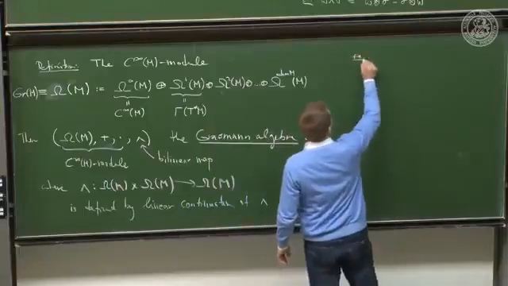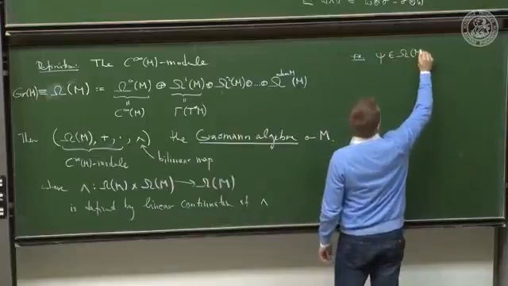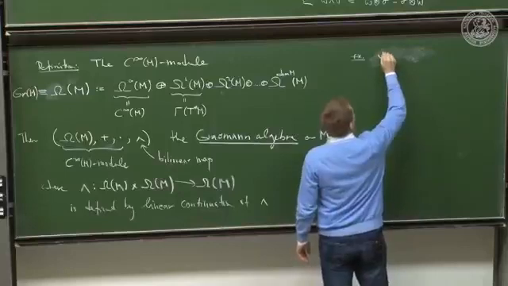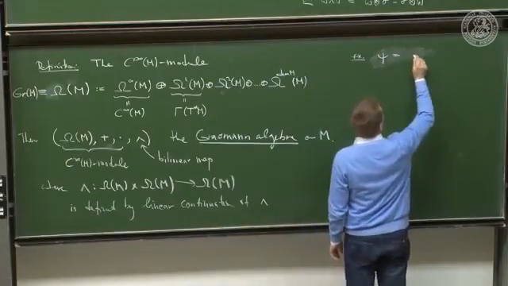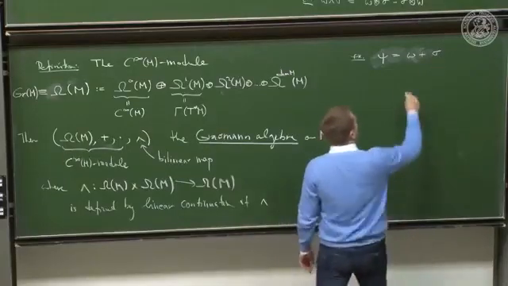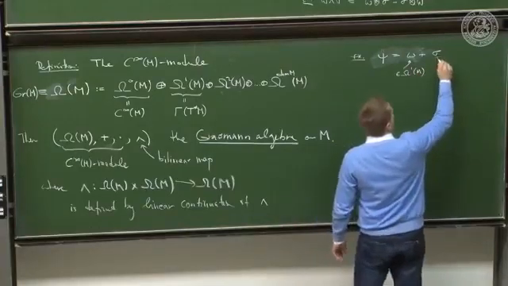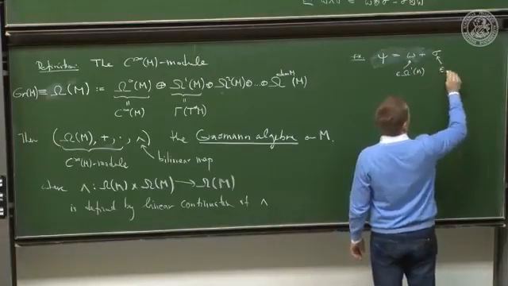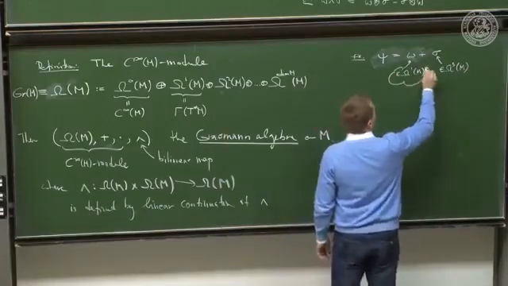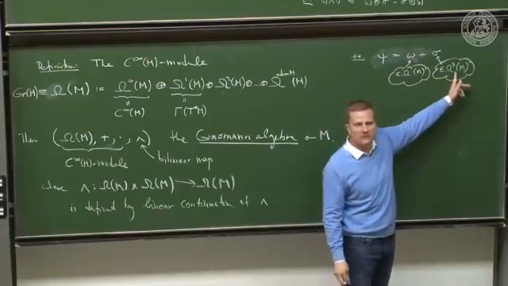So, for example, you take a general element psi in omega M. Well, not a general one, but you say psi equals omega plus sigma. Now this omega is an element of, say, the one forms, and this sigma is an element of the 3 forms, for instance. That could be, right? Now you say, how on earth could you add a 1 form to a 3 form?